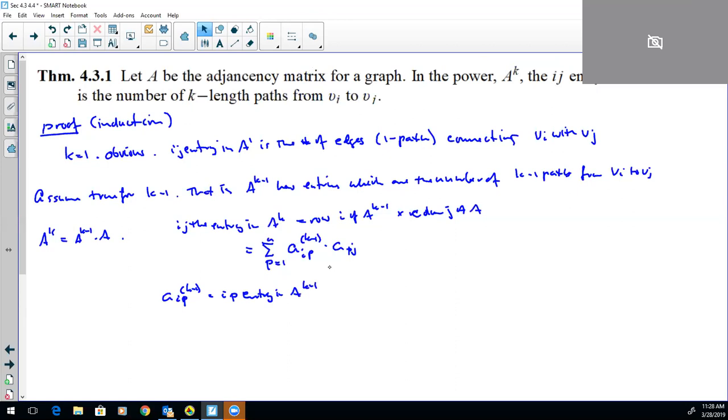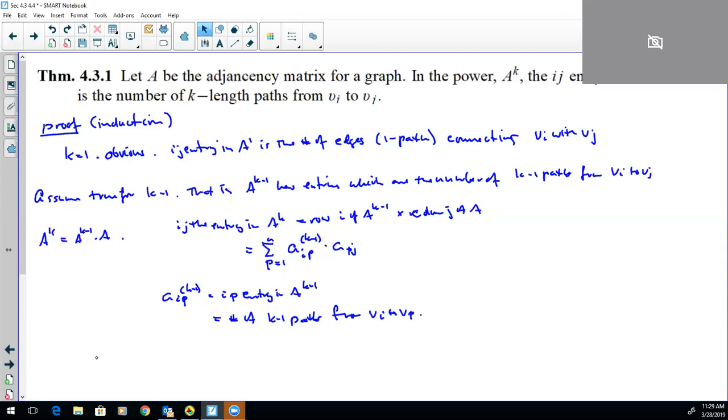Now, remember what that means. By assumption, our inductive hypothesis, this is the number of k minus 1 paths from vi to vp.